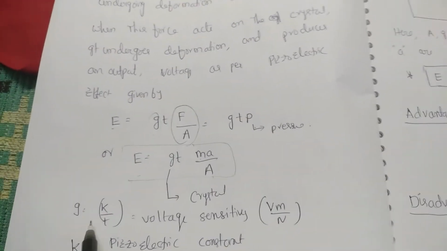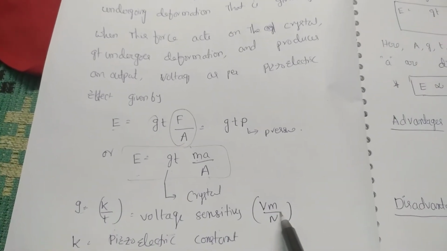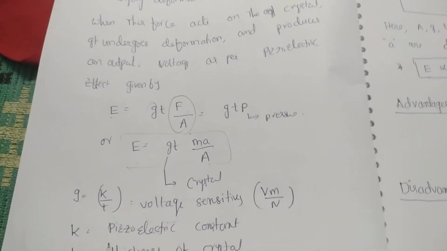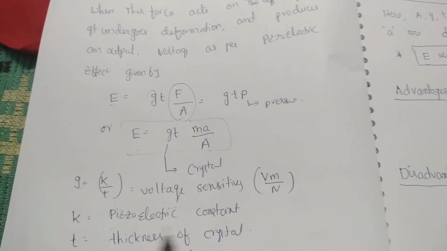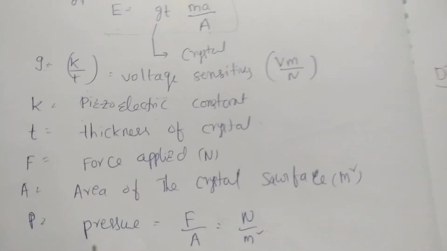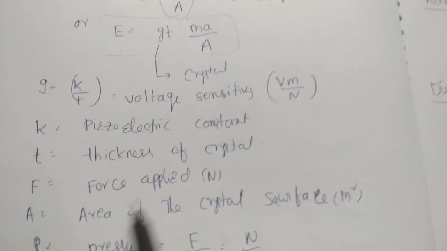Where g is equal to K by t, the voltage constant, always in volt meter per newton, K is the piezoelectric constant, that is the crystal constant, and t is the thickness of the crystal.